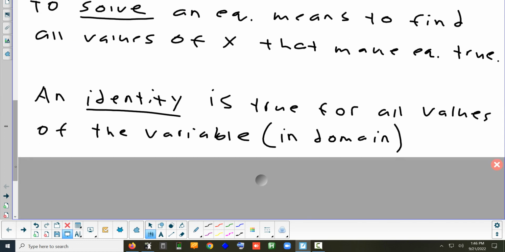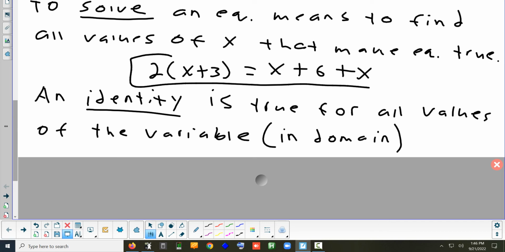Now, sometimes when you go to solve an equation, you realize that something special happens. Here's an example. So let's say this was a problem that I gave in algebra 1. It's the kind of equation you would see.